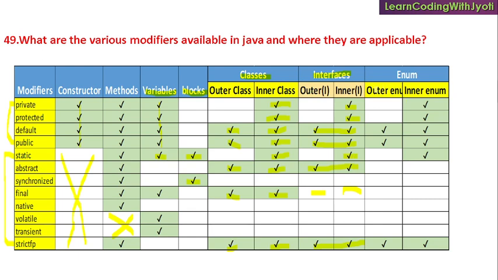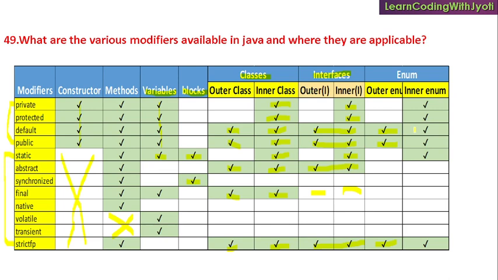Let's see for enum. For outer enum, 3 modifiers are applicable. These are default, public, and strictfp.